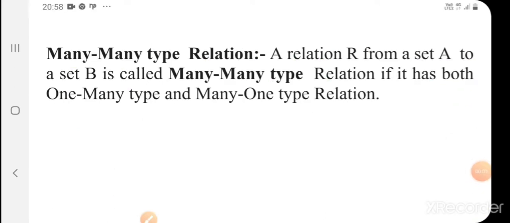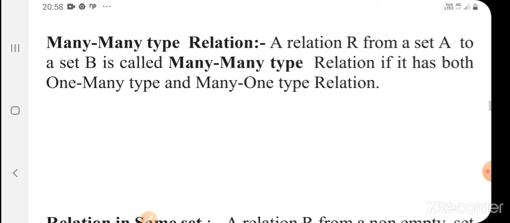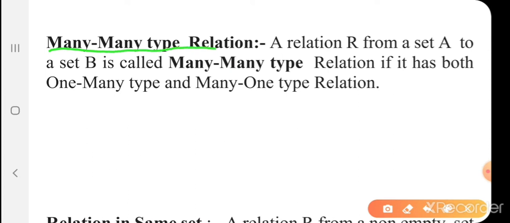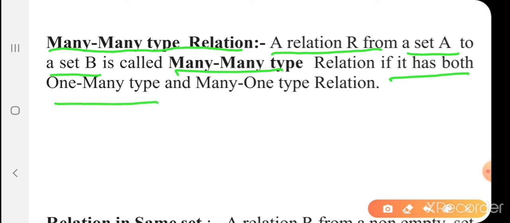Next we discuss the many type relation. So you see, this is many type relation. A relation R from set A to set B is called many type relation if it has both many one type or one many type relation, then it is called the many type.